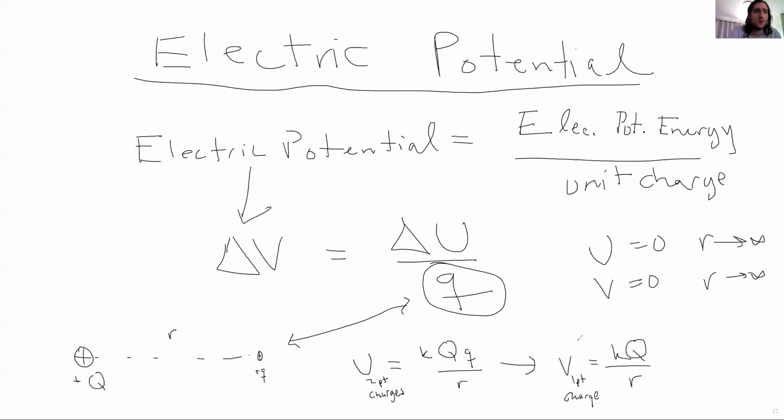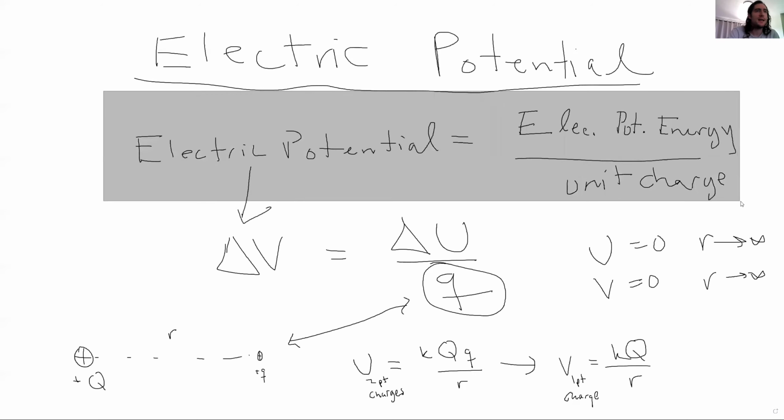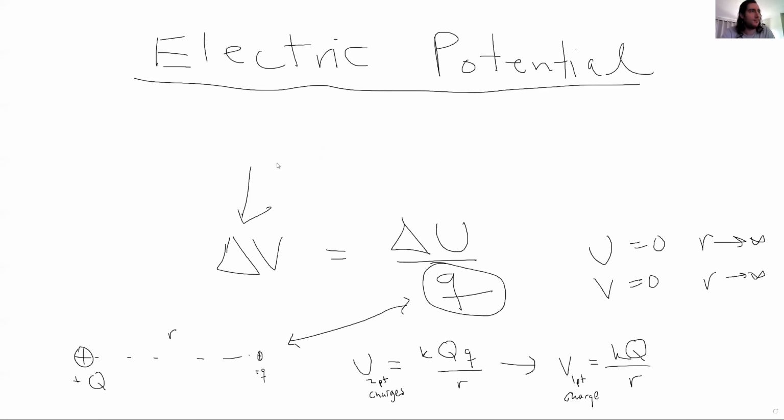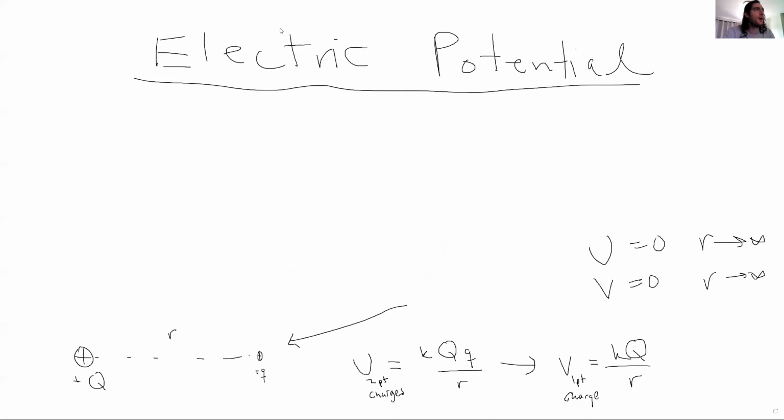So there's also going to be an integral expression for the electric potential. But let's take a look at a nice quick example that's actually really nice. Recall that if we have an infinite sheet of charge, we have a uniform electric field.